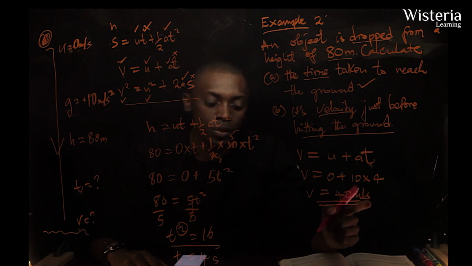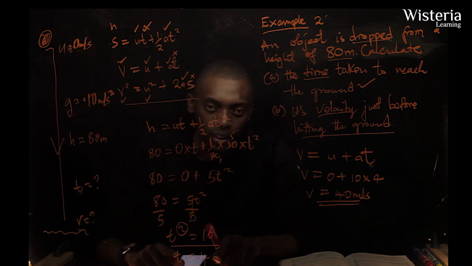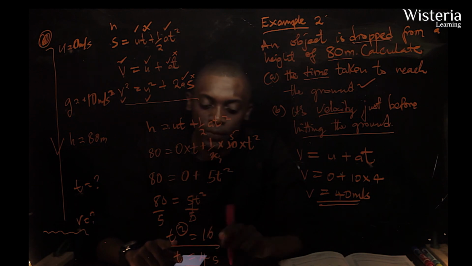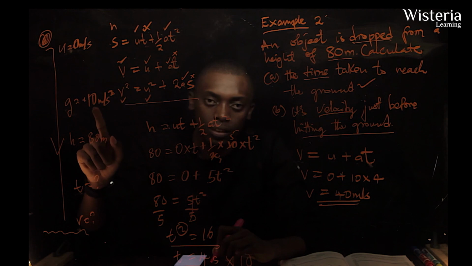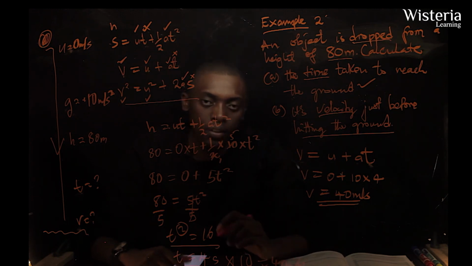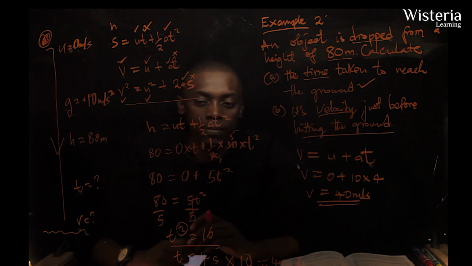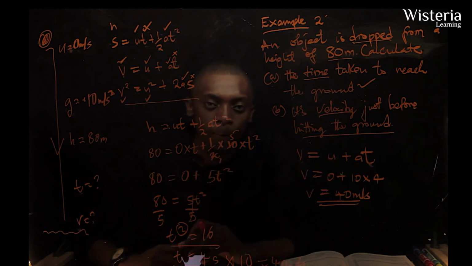And this also testifies to the fact that if the total time taken was 4 seconds, we just multiply this 4 by the acceleration due to gravity every second. So this will give us 40 meters per second. And this is how we can find the final velocity given the variables.